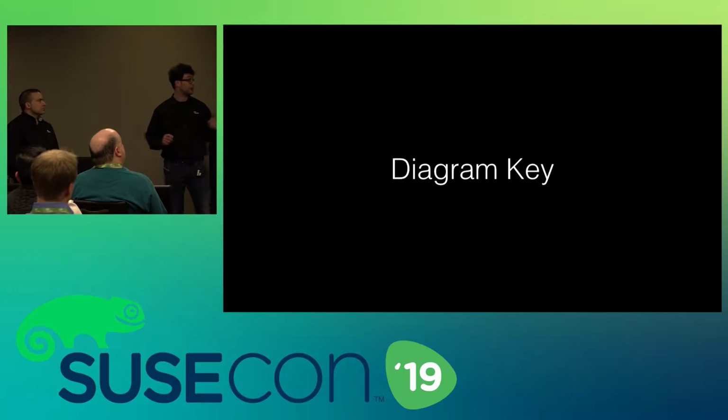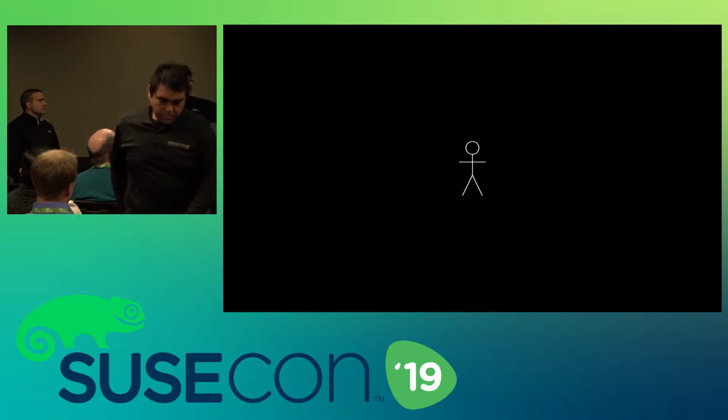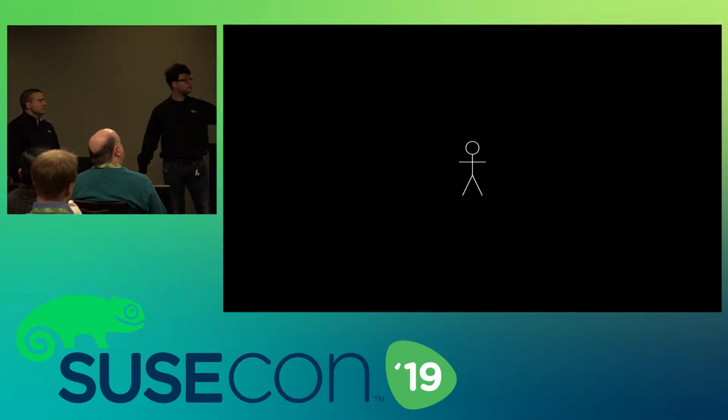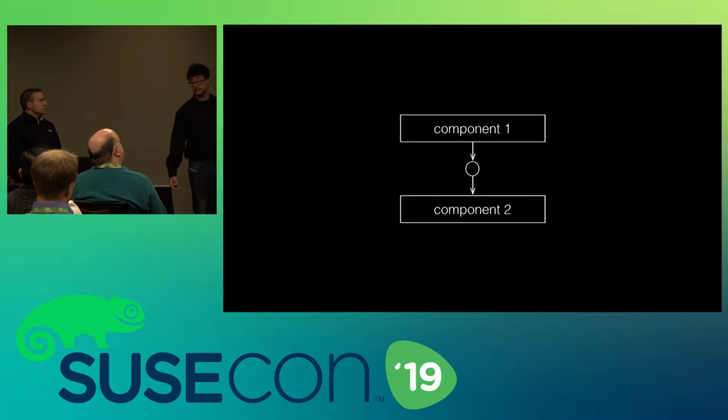It's called interpreted pattern nets. This is the easiest symbol: it's a user. Might be you, might be a program that interacts with some other parts of the system. The system is made up of components, which are those boxes up there, and components can exchange information through channels.